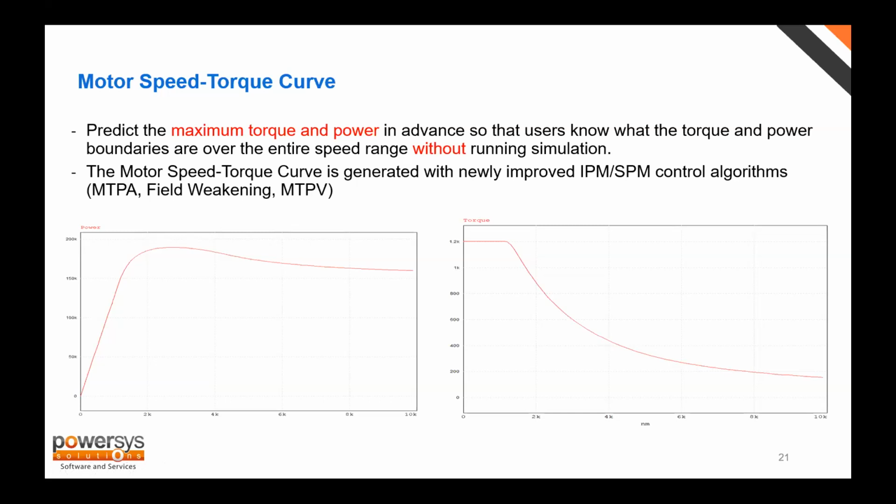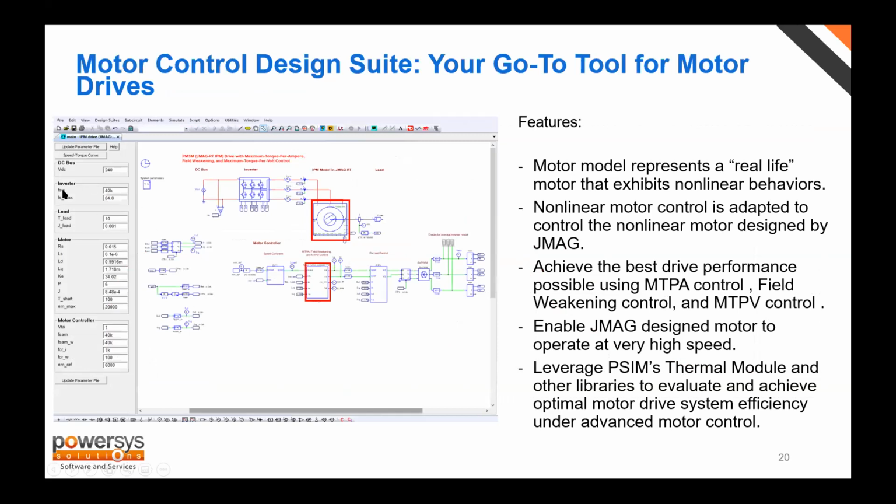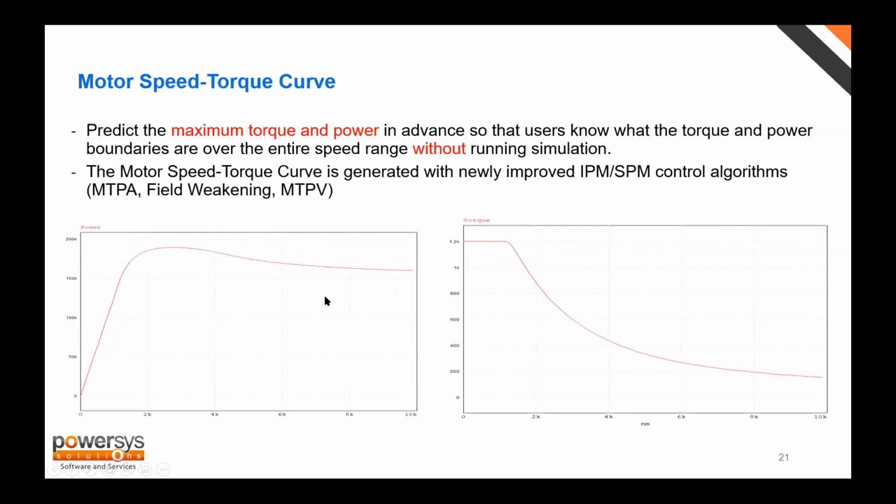By using these parameters of voltage, current, motor parameters, and so on, it will calculate the power and the torque for you. Then you can have a quick overview of your specification and the result at the end of your simulation. It's just a quick overview.